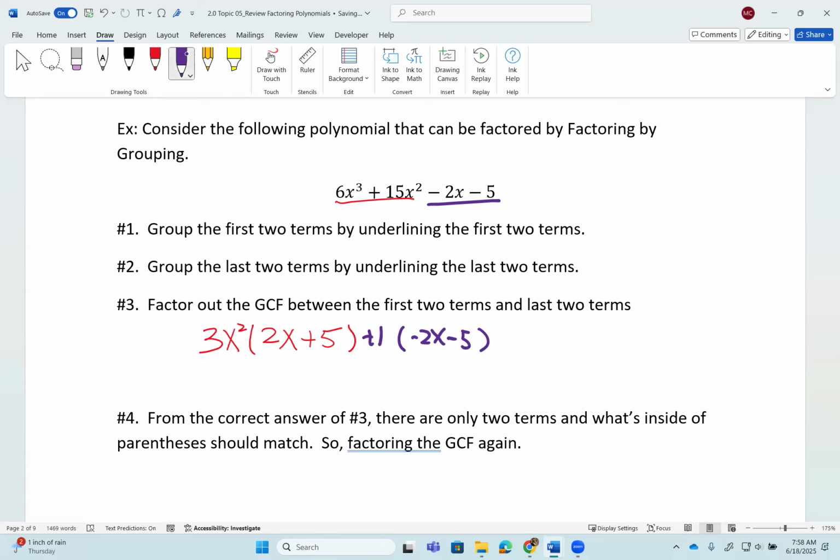So if I factor out a positive 1, the 2 parentheses do not match. That means I have to factor out a negative 1, because negative 1 will go into negative 2x positive 2x times, and negative 1 going into negative 5 is positive 5 times. That's how I get the 2 parentheses to match.